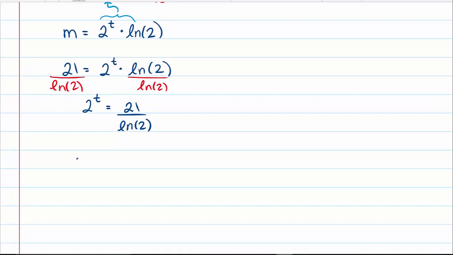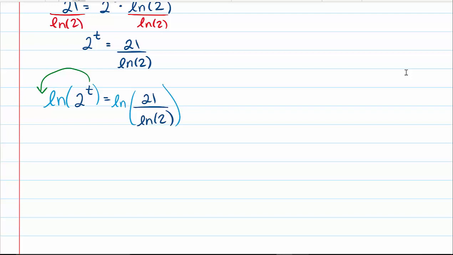So now I have 2 to the power of t is equal to 21 divided by ln of 2. So using our log properties, we're going to take the ln of both sides in order to get that exponent down to the front. So here we get t ln of 2 equals, and here we're going to use our quotient property of ln's to get ln of 21 minus ln of the denominator, which is ln of 2.